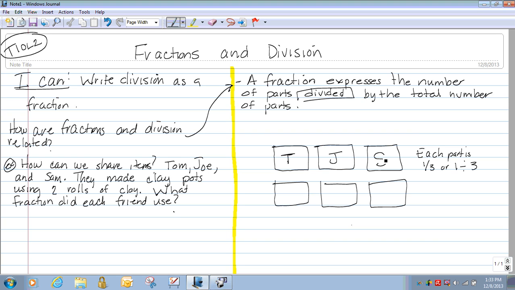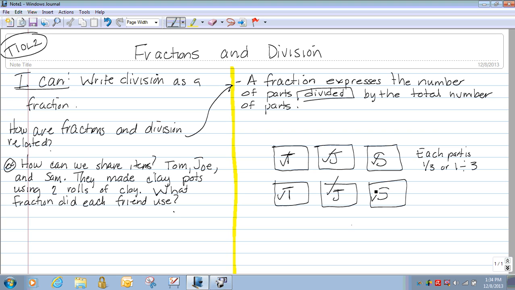If we have 2 rolls of clay, then each person would have used 1 part from each roll of clay. Tom used 1 part from this roll and 1 from that roll. Joe used 1 from this roll and 1 from that roll, and Sam used 1 part from that roll and 1 part from the other roll.